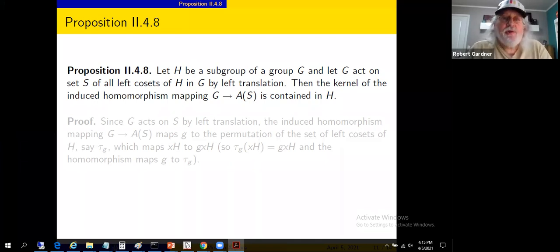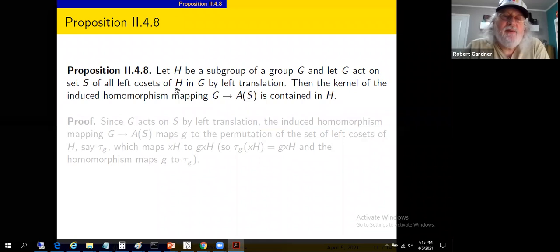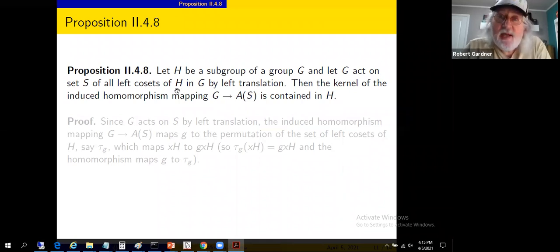Okay, it's a group action on a set, the set of left cosets of H. A quick comment: left translation would be taking a left coset of H, say xH, where x is some group element, and left translation by a group element, say lowercase g, means we multiply the left coset on the left by g. So we'd take left coset xH to left coset gxH. That's what left translation means.